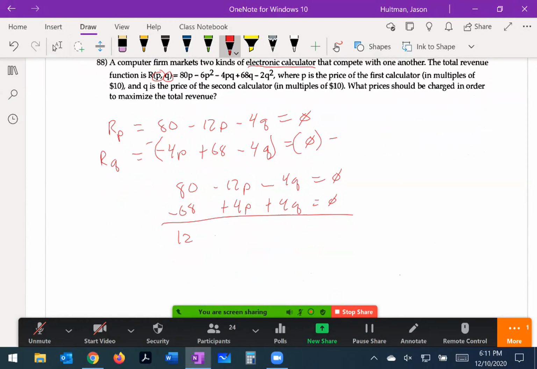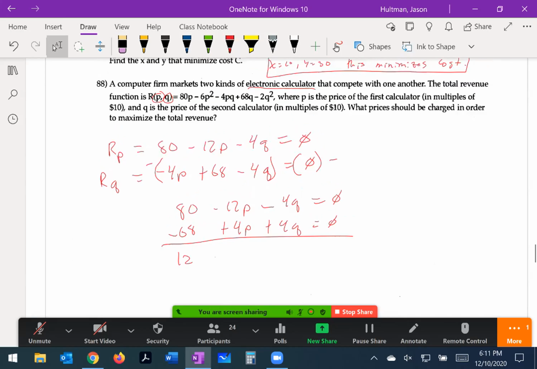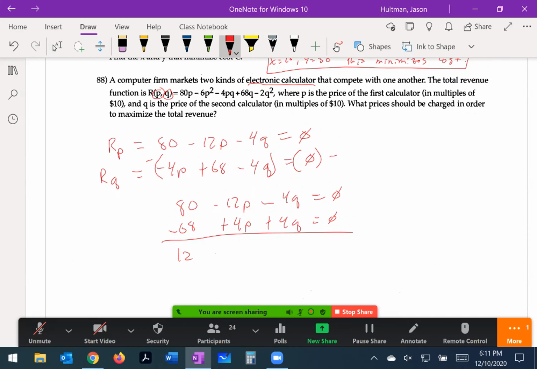Okay. Price should be charged to maximize the total revenue. Let me just make sure I did this correct. 80, 12P, and negative 4Q. That's correct. Negative 4P, 68, and negative 4Q.